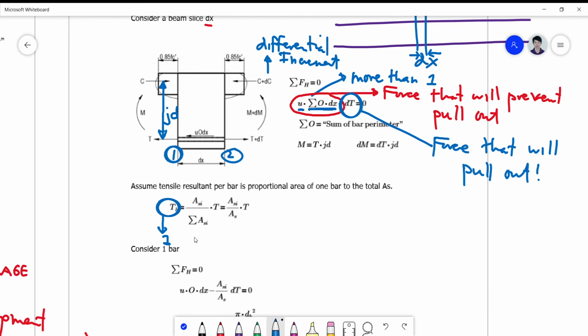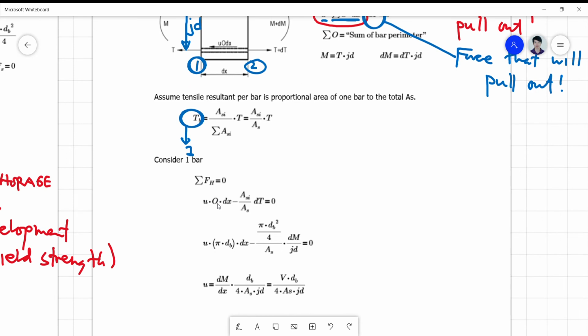If we divide one bar by its total and multiply it by T, then we get the tension in one bar. We can remove the summation and say Asi over As times T. If we consider one bar, we place an Asi over As here, dT.